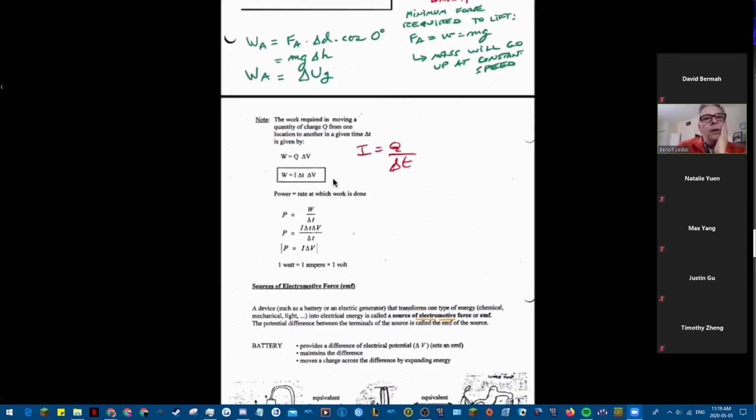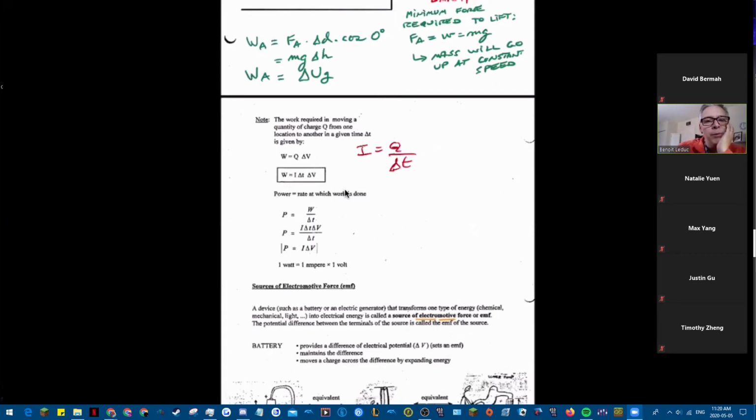So the amount of work required by a source to transport a certain amount of current over a certain amount of time over a certain electrical potential difference is equal to that.